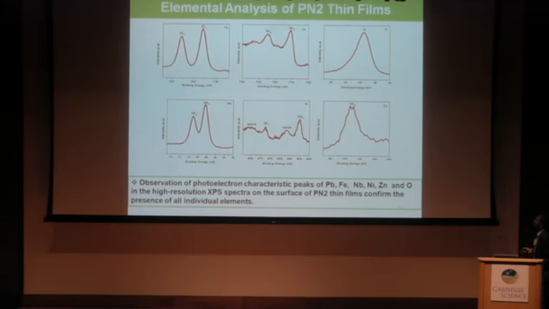In order to confirm whether all elements are present in our thin films, we have carried out XPS studies. Here lead, iron, niobium, oxygen, nickel, and zinc peaks are all present. So observation of all the photoelectron characteristics confirms the presence of all individual elements.